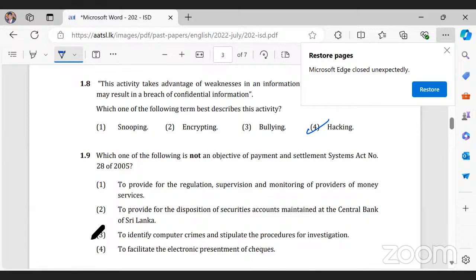To identify computer crimes, that is the Computer Crime Act.